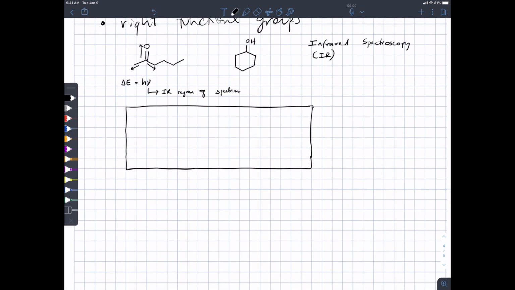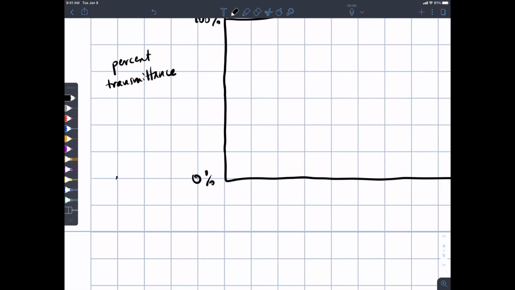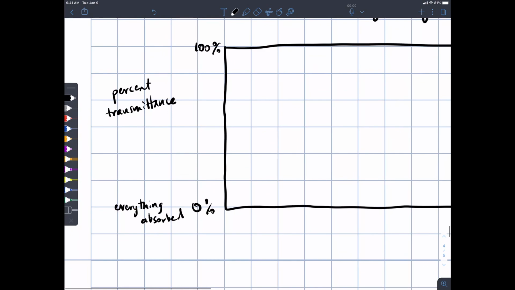In an IR experiment, you're shooting infrared light of various wavelengths through a sample, and you're watching which wavelengths get absorbed and which don't. On the y-axis, we have something that's called percent transmittance, where it's 100 up here and 0 down here. 0 means everything was absorbed, no light gets through. 100% transmittance means all light gets through.